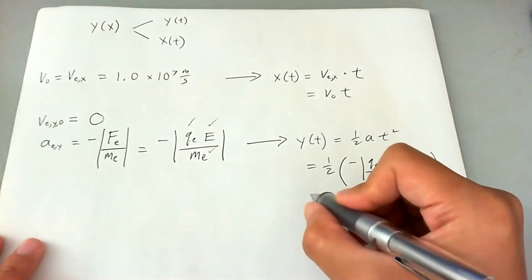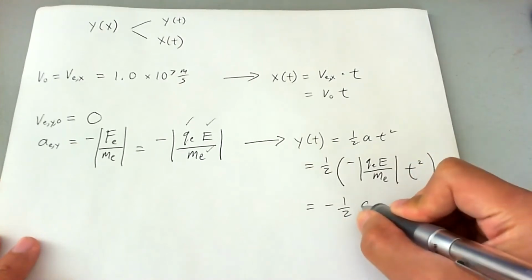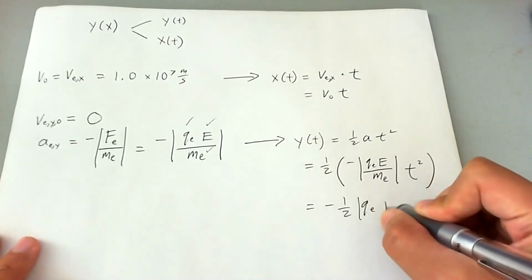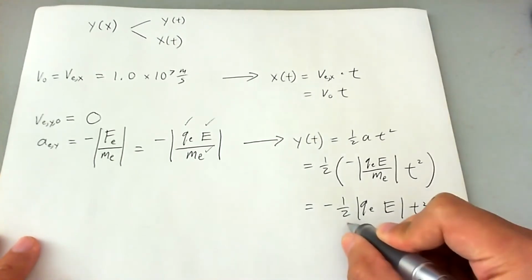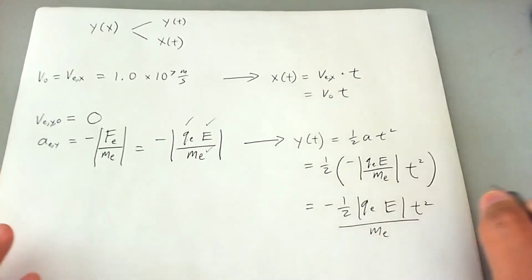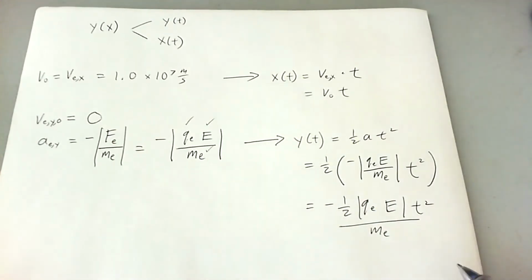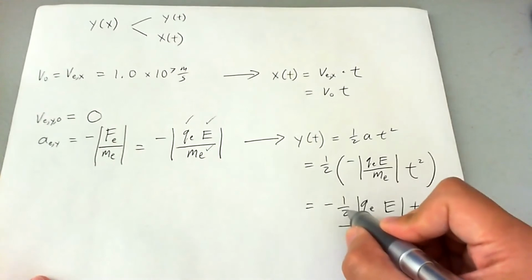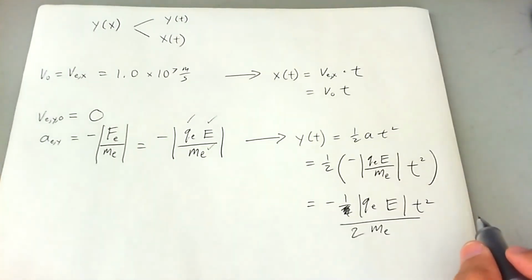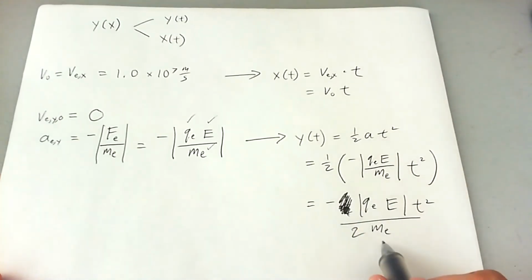That ends up being negative 1/2 q E t squared over m e. All I did was put the 1/2 into the equation. I can simplify this even further by making it so that this 2 goes on the bottom, and get rid of the 1 here on top. So you've got 2 m e on the bottom.